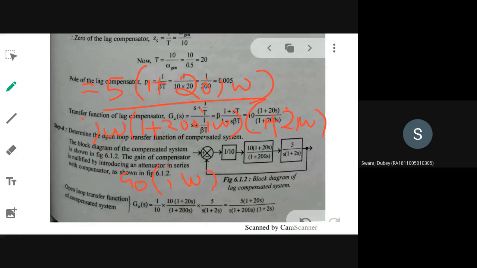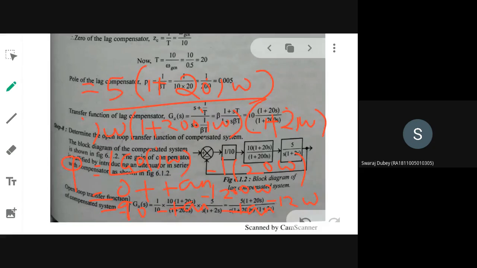This is my function for which I want to write down the angle of G naught of j omega, that is open loop. So what is my value? 0 plus tan inverse of 20 omega minus 90 minus tan inverse of 200 omega minus tan inverse of 2 omega. So this is my phase angle expression.